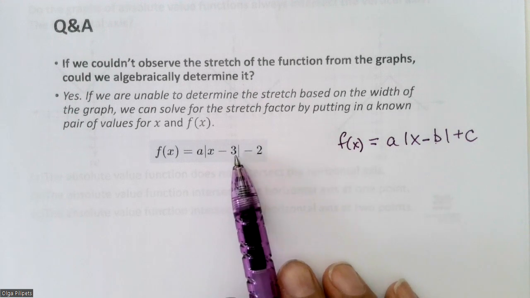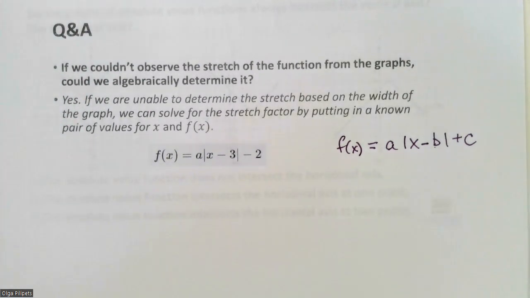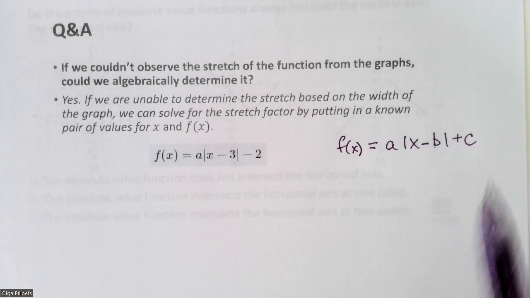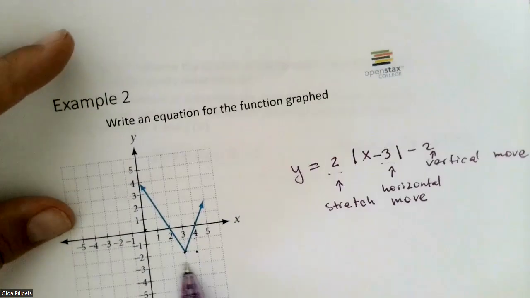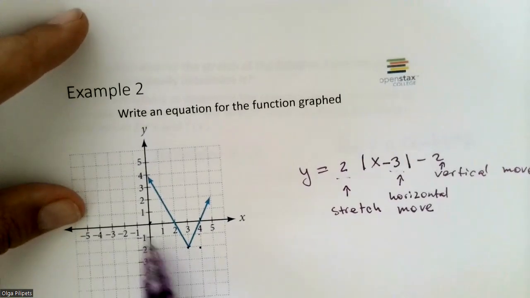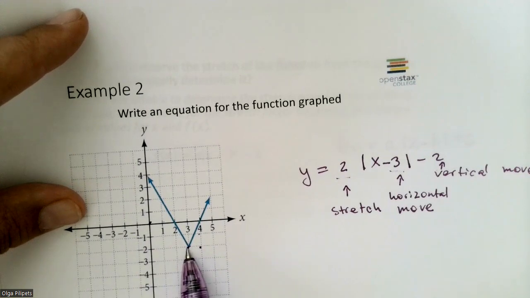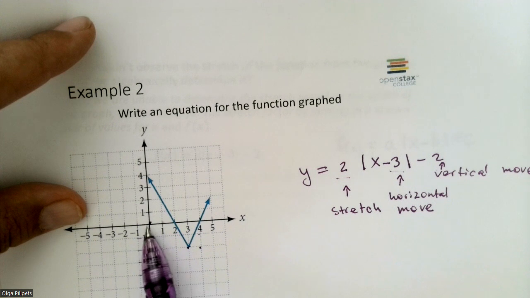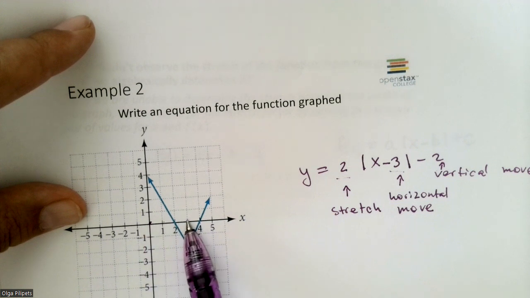So we still determine the horizontal and vertical shift by looking at the vertex. Basically the pointy part of the graph, how did it shift? We know it should be at 0, 0. So we know that the horizontal shift was 3. The vertical shift was -2.